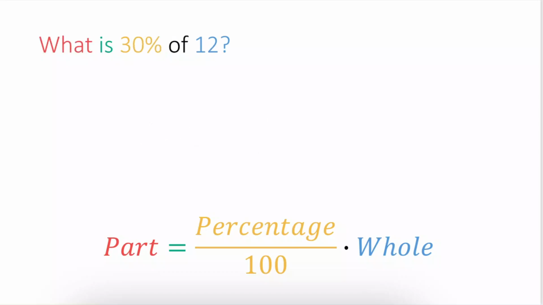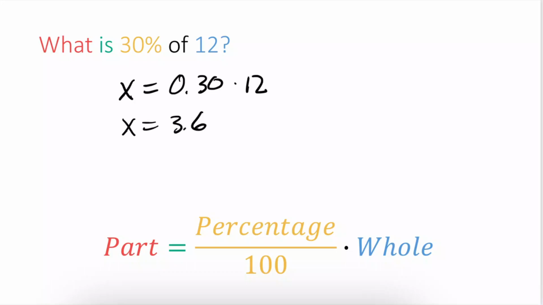And you can use this to solve all sorts of problems. Like you could say, what is 30% of 12? Well, you would be saying x equals 30%, which you could write either as 30 over 100 or as 0.30, times 12. To solve it, you would just multiply 0.3 times 12, which in this case would be 3.6.